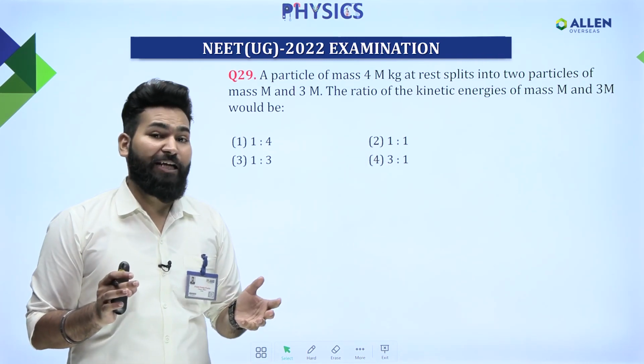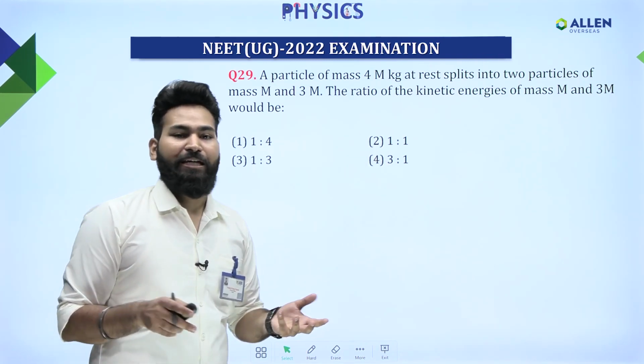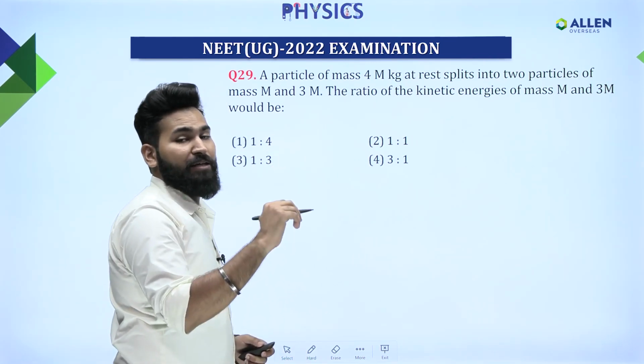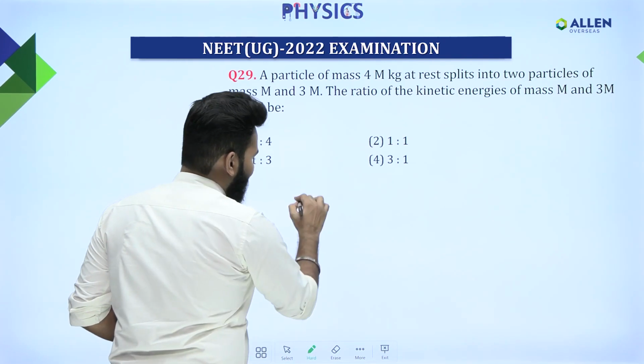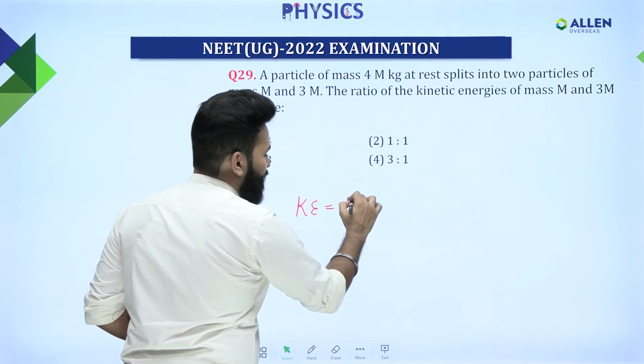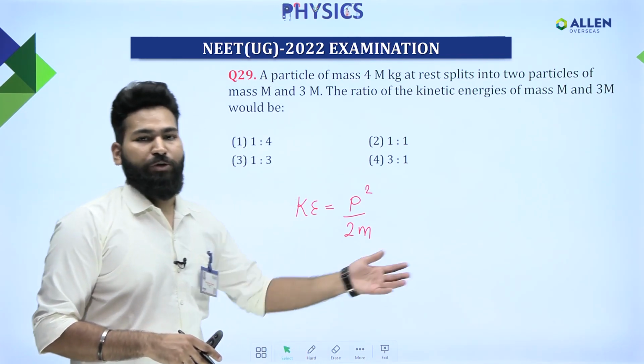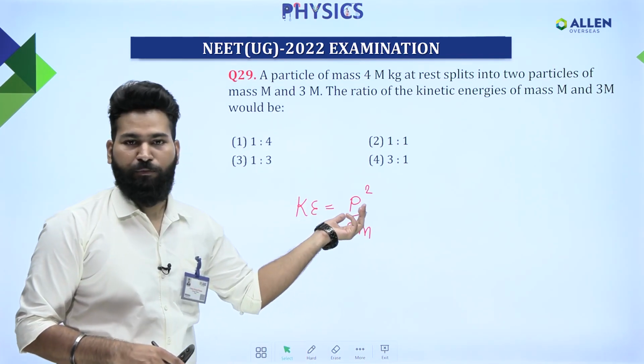That means the linear momentum will be conserved, isn't it? Since I have to find the ratio of kinetic energies, I can write the kinetic energy in the form of momentum, which is nothing but p square by 2m. We know the relation between kinetic energy and momentum of a particle.